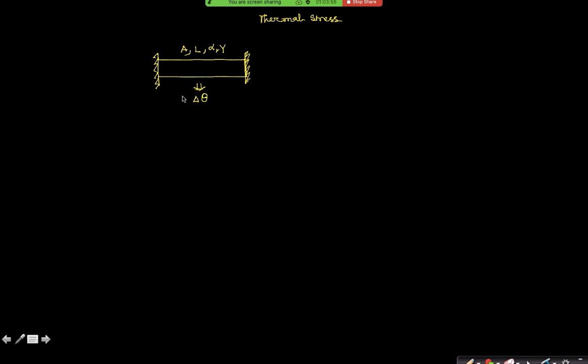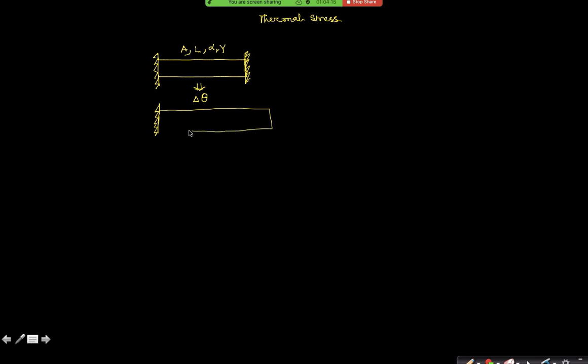So what it will do actually, if one end were free to move, then this rod would have increased its length like this.